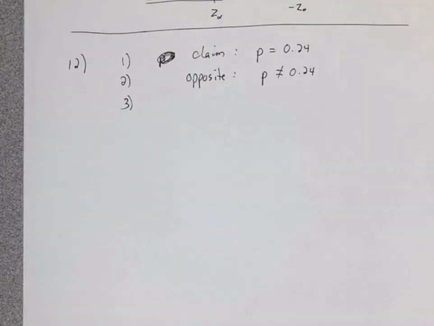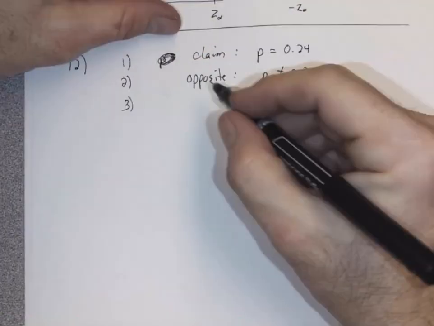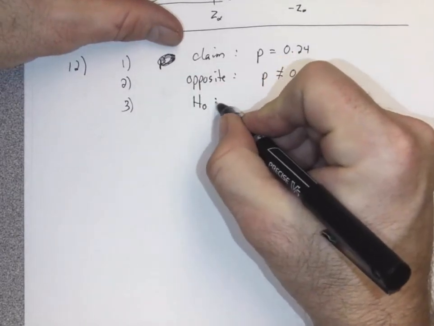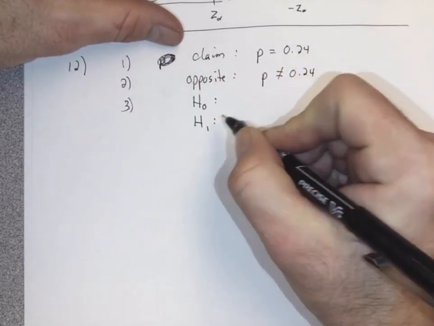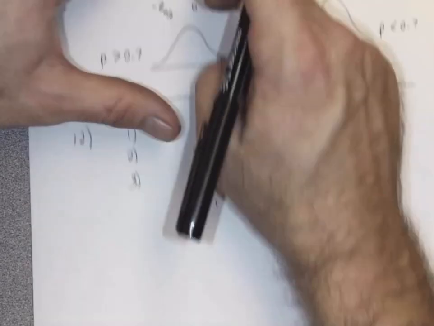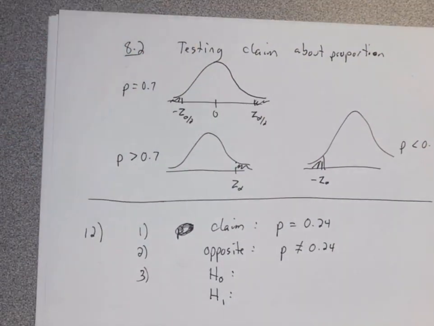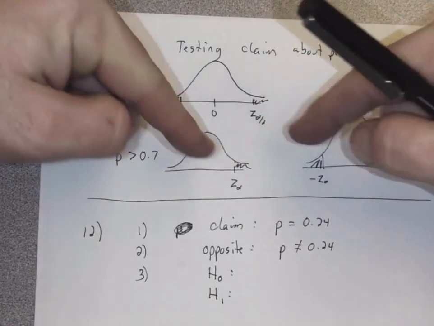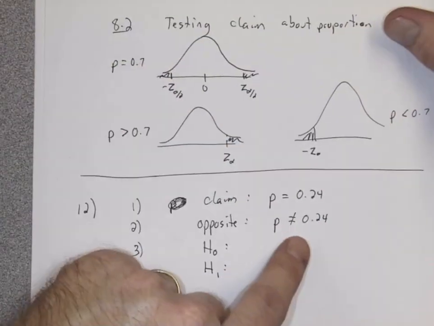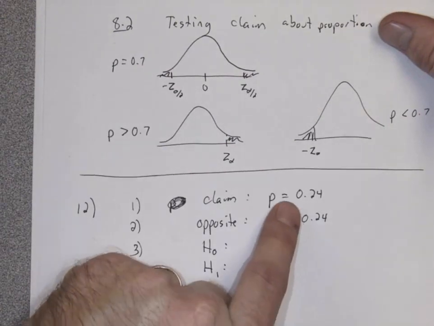So step 3, we have to take these two statements and determine which one's the null and which one's the alternative. The null is the middle area. This is the null area, and our alternatives happen to be these tails, depending on what they're asking. I noticed that we're talking about equality.